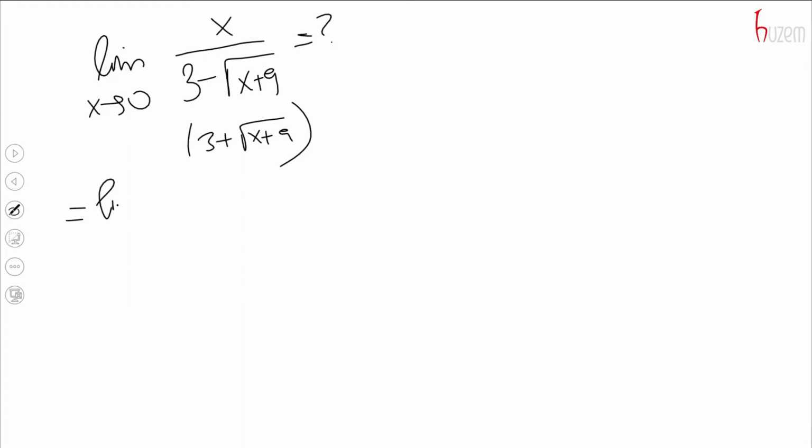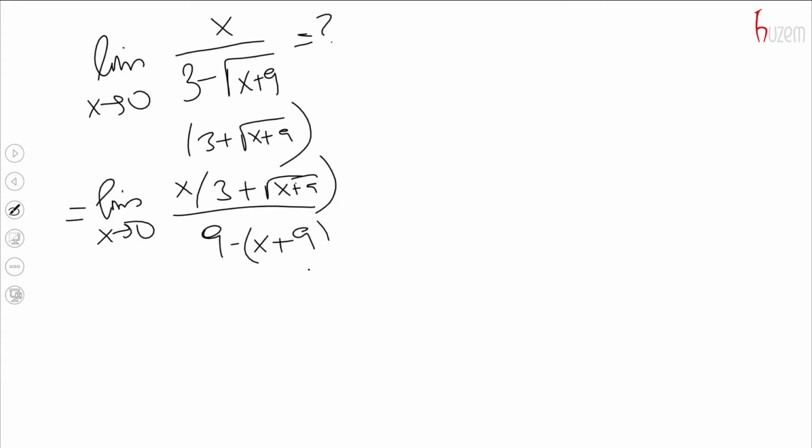So this limit will be the limit as x approaches 0, x times (3 plus root x plus 9), divided by what? 9 minus (x plus 9) in parentheses, right? This is the difference of squares.